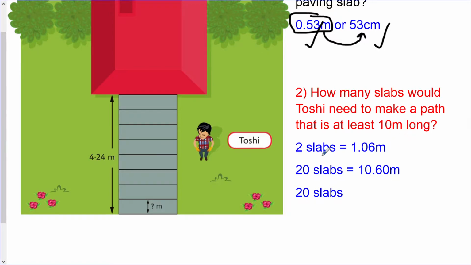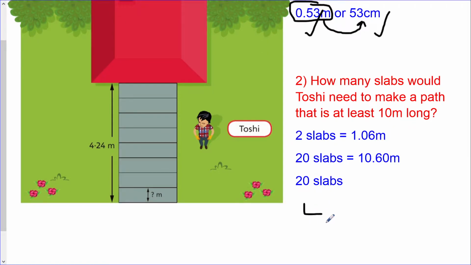Now we know that one slab is 0.53 and we're looking to get to 10. And this is where if you can recognise patterns, then you can do this question a lot easier.